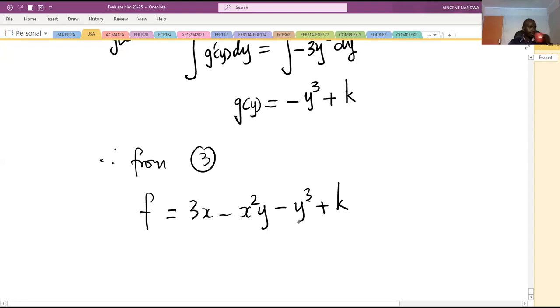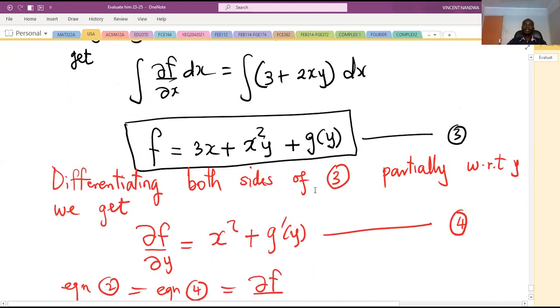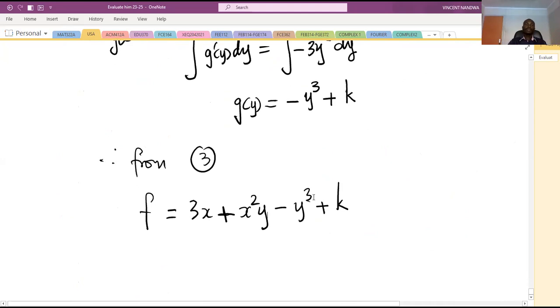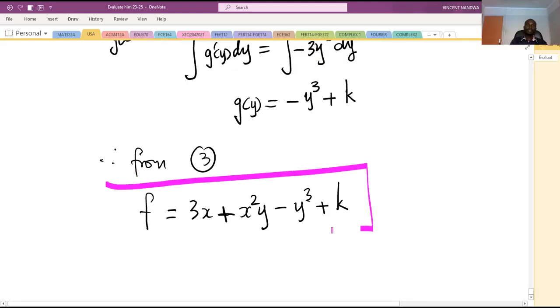So therefore, actually the sign here is plus. If you just check the f function here, now this is plus. So therefore, this is the required potential function. So this is the required potential for that given vector field.